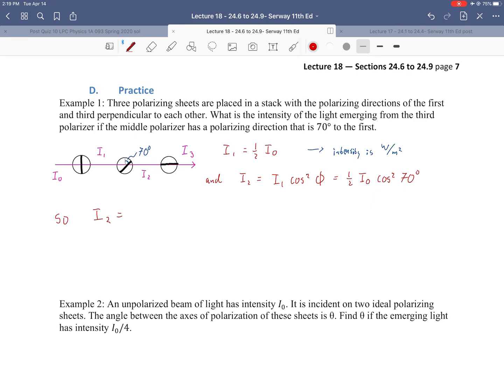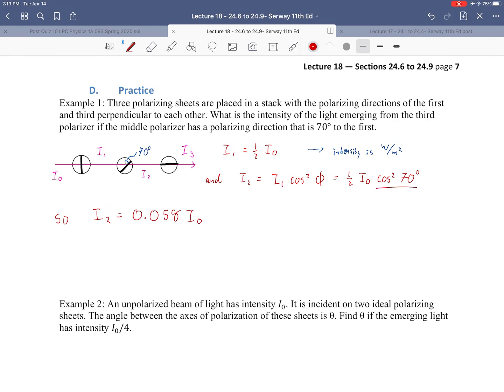I get 0.058, working with 2 sig figs, and that's times I naught. That's because cosine squared of 70 gave me 0.11 or 12, and then take half of that.